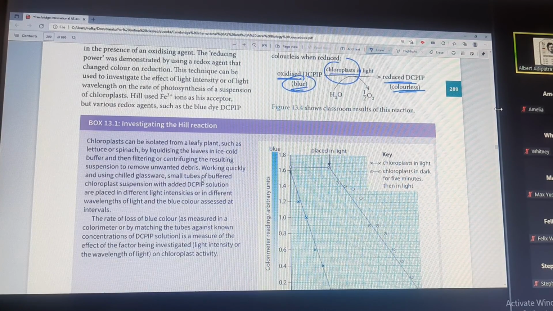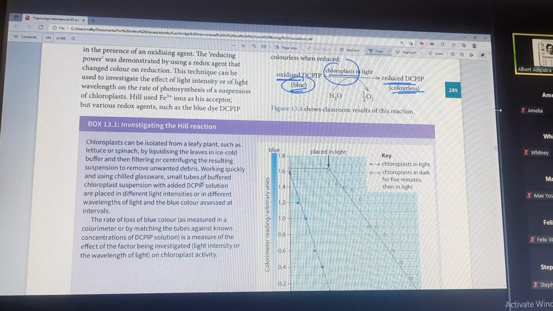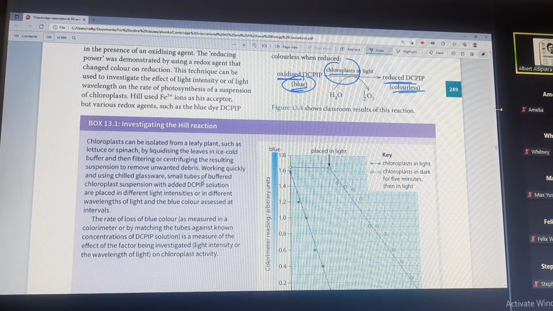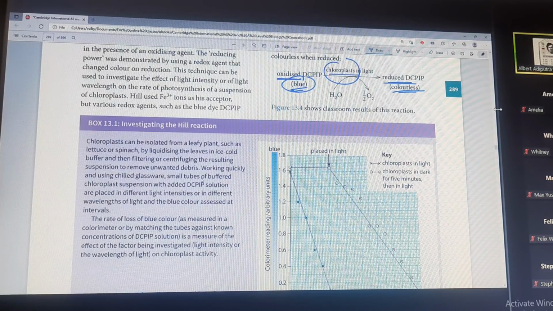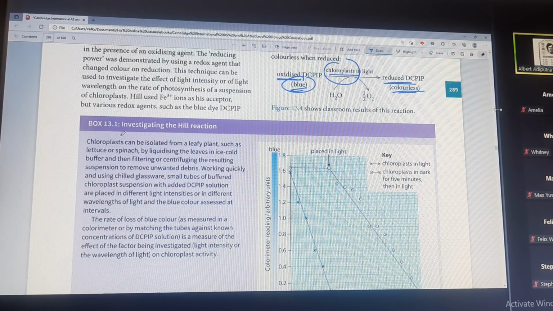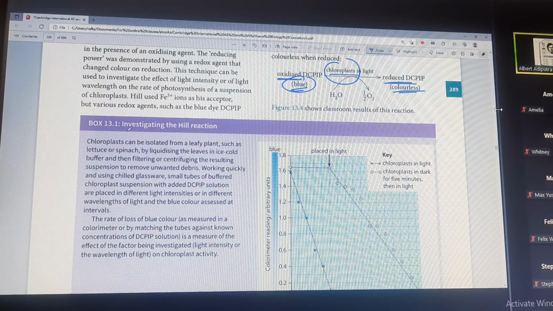Remember, guys, redox reaction. Reduction means gaining electrons. And the DCP-IP gets the electrons from the chloroplast, but only when we expose the chloroplast to light. Because without light, the electrons from the chloroplast will not be released, would not be emitted or excited. Okay, that's it.